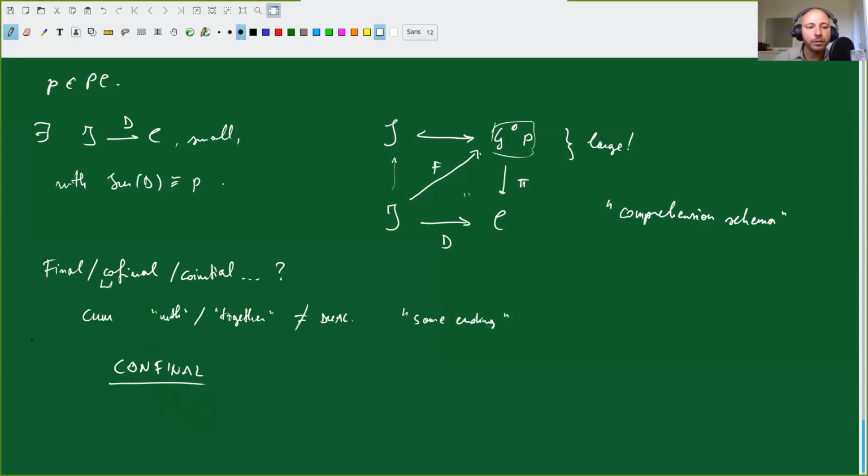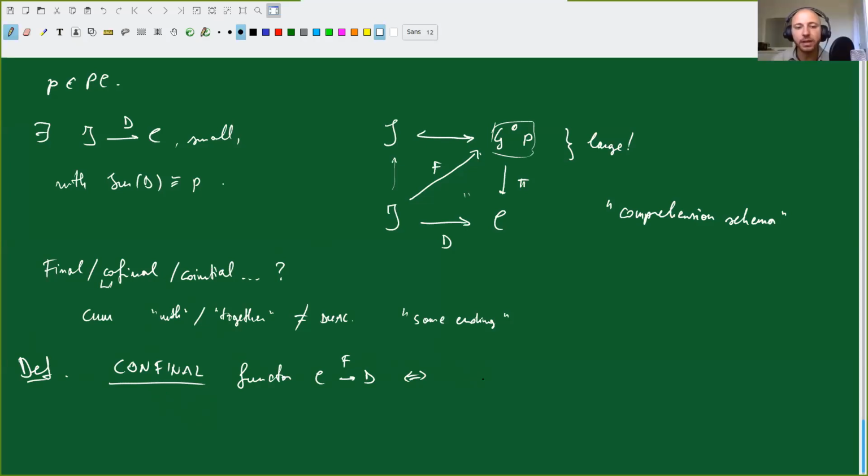Definition: a confinal functor F from D to E is the same thing as saying that slice categories are non-empty and connected.